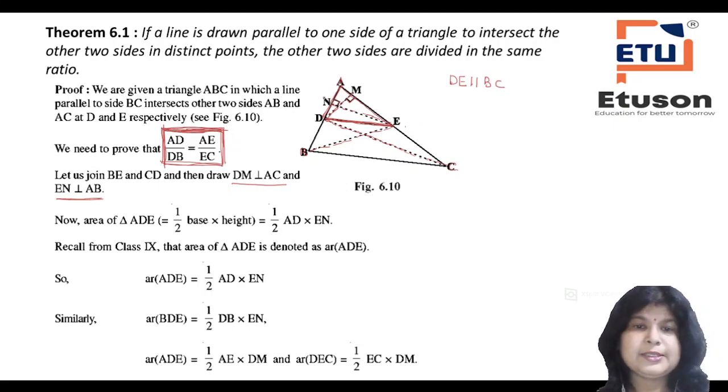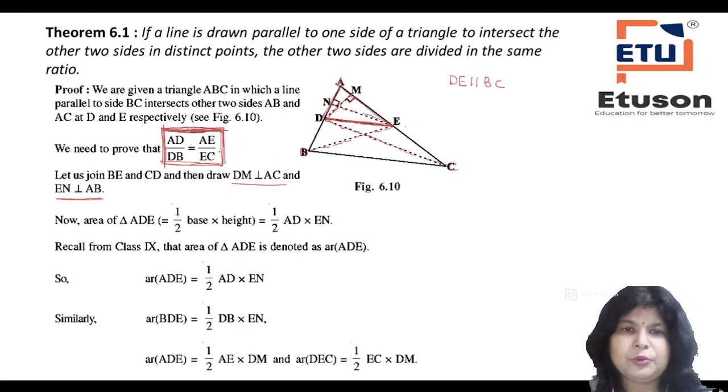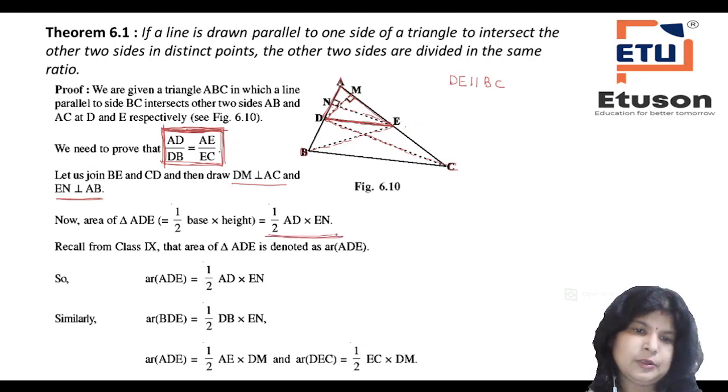So you have plotted this EN. EN is perpendicular to AD, so you can consider base as AD because you have plotted the corresponding altitude. So half into AD into corresponding altitude, which is EN. Correct, children? Hope you have understood. This is the area of the triangle ADE.